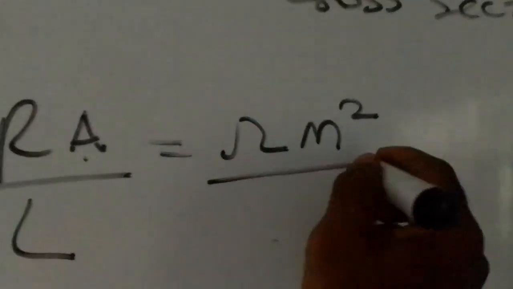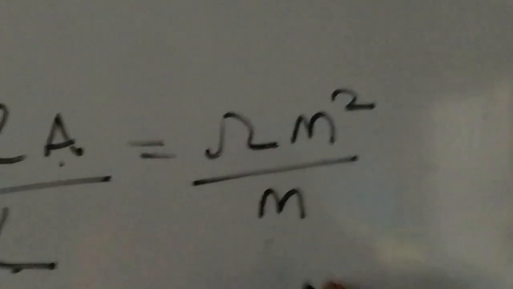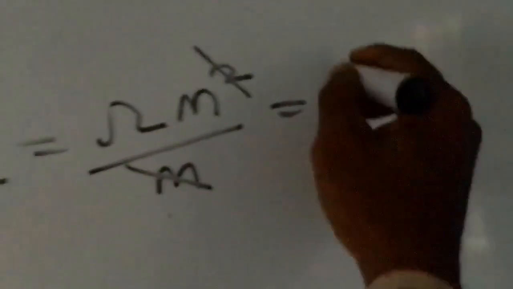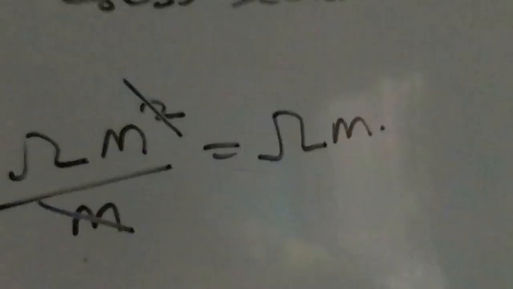The unit of length is meters. So meter cancels meter. We now have ohm meter. So the SI unit of resistivity is ohm meter. Although sometimes we can express it in ohm centimeter, the standard unit of resistivity is ohm meter.